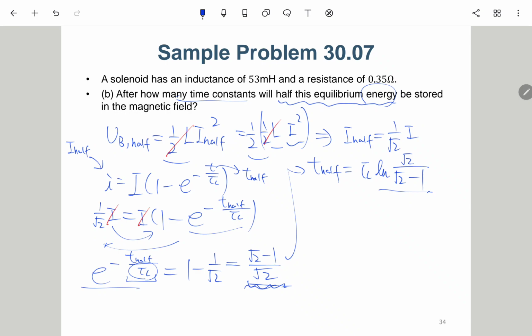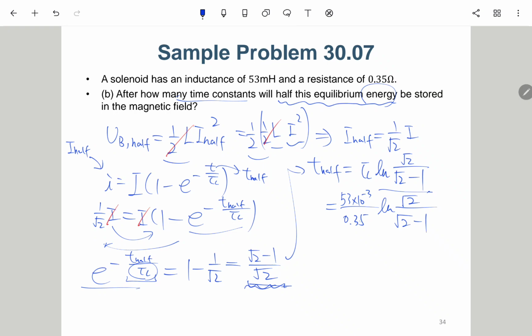Finally we just multiply tau L on both sides, and then we can plug in all the numbers. Tau L is actually L over R, which is 53 times 10 to the negative third power over 0.35, and then the natural log of square root of 2 over square root of 2 minus 1.